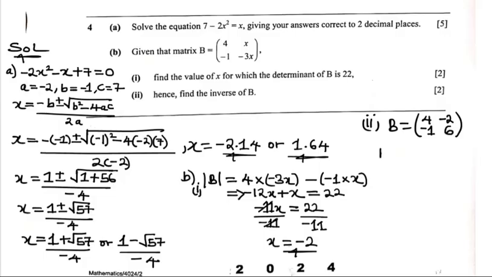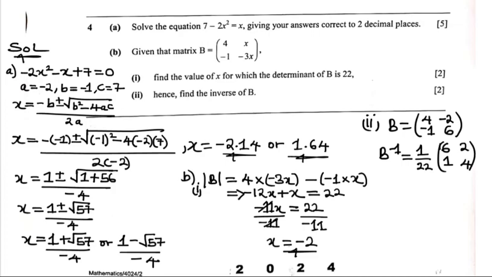Getting B inverse is equal to 1 over the determinant, which is 1 over 22, multiplied by the adjoint of matrix B, where we interchange elements in the major diagonal. So in place of 4, we write 6, and in place of 6, we write 4. Then elements in the minor diagonal will be multiplied by negative. So negative times -1 gives positive 1. Then negative times -2 gives 2.